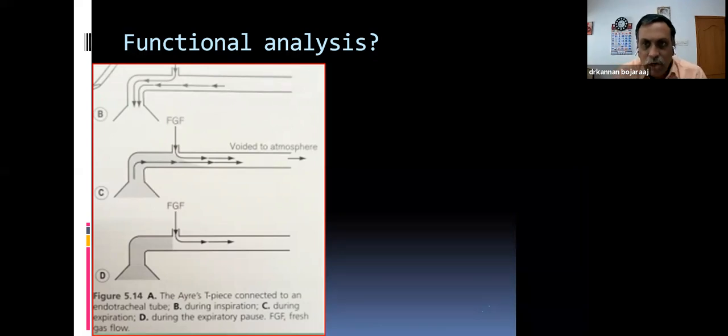And the optimum fresh gas flow depends not only on the patient's minute volume and respiratory rate, but also on the capacity of the reservoir limb. If the reservoir is at least the patient's tidal volume, then a rate of 2.5 times the minute ventilation is sufficient.